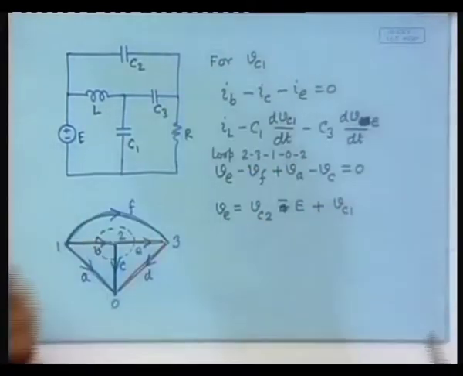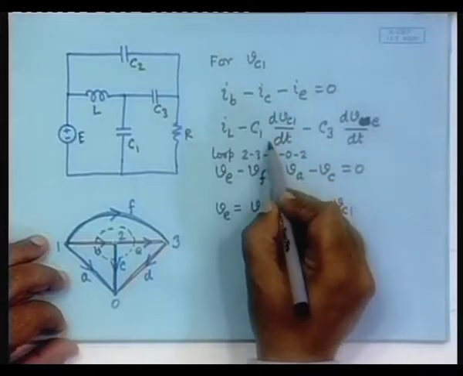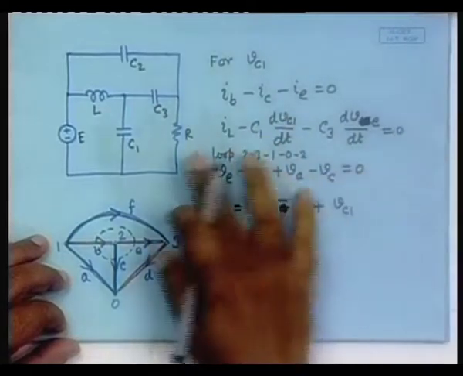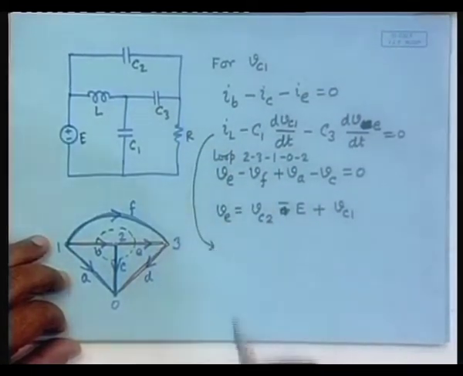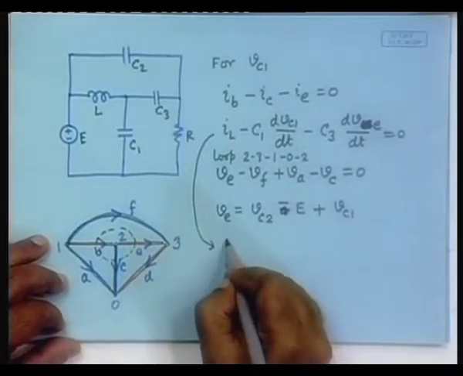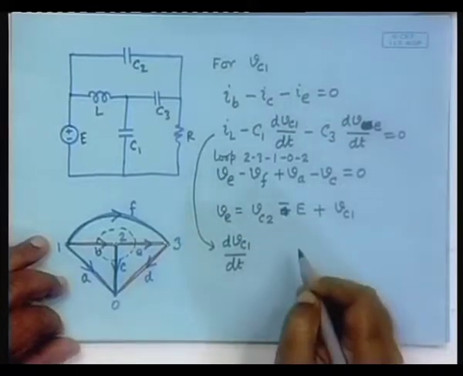So, we now substitute it here. What do we have? We are trying to write down the equation for this. So, let us put that in the left hand side and the other things in the right hand side. So, this now becomes C1 dVC1/dt.